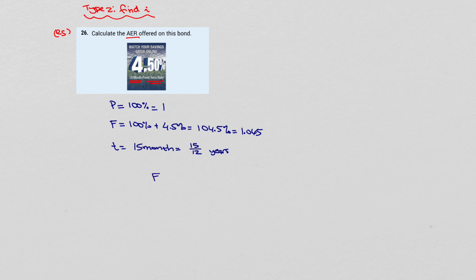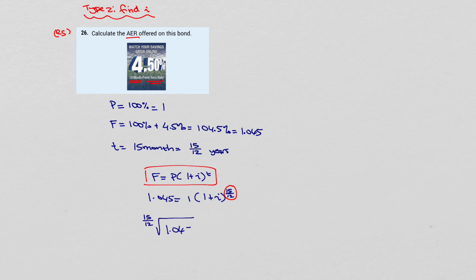So therefore if we're putting into our formula F is equal to P by (1 plus i) to the power of t, then we have 1.045 is equal to P, which is 1, by (1 plus i) to the power of 15 over 12. So again, we're looking to get i on its own, which means I have to get rid of this power fraction. So this 15 over 12, which means I must get the root of both sides. So it's the 15 over 12 root of 1.045, which is going to equal 1 plus i.